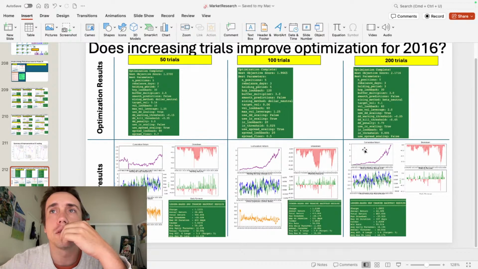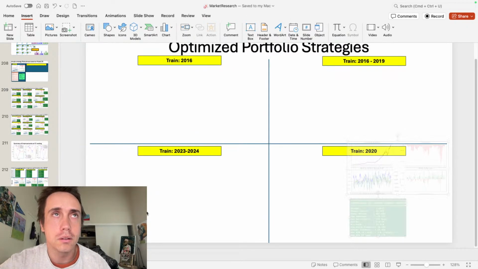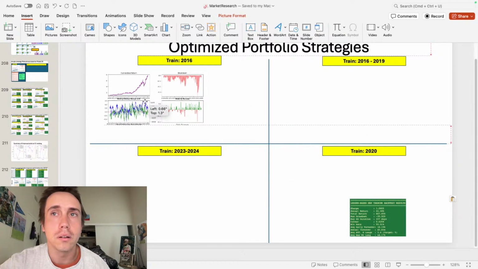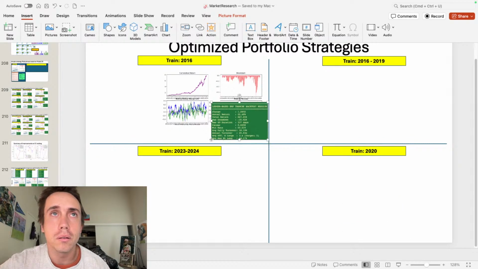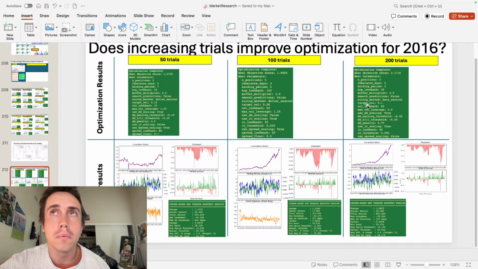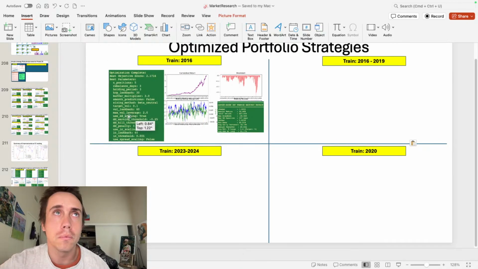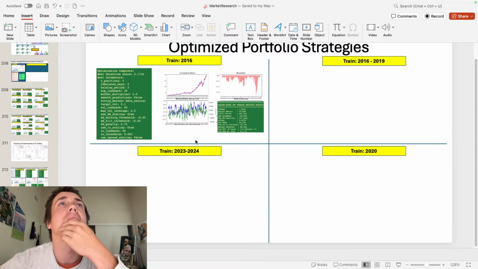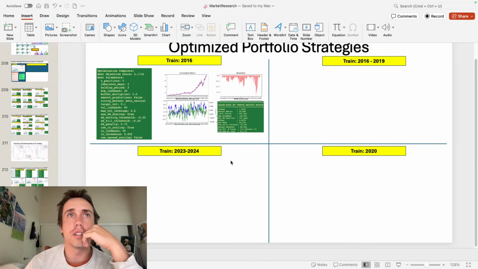So I have the results for 2016. So if I train 2016 to 2019, then I'll start out the test on COVID.